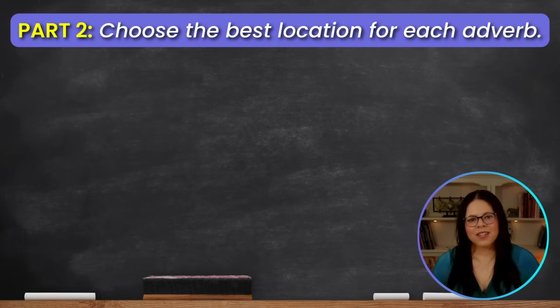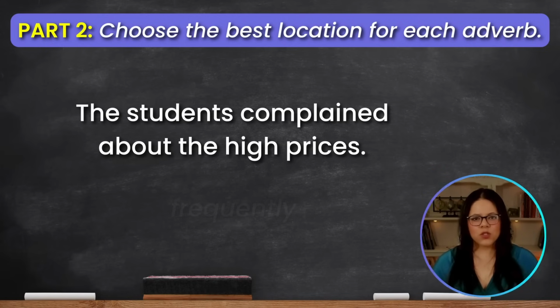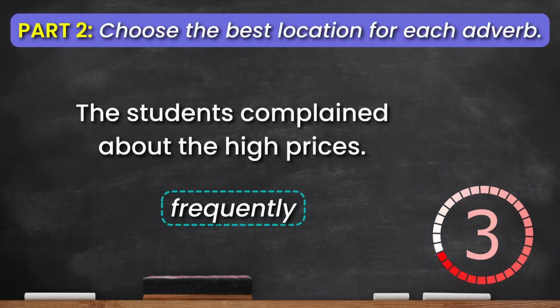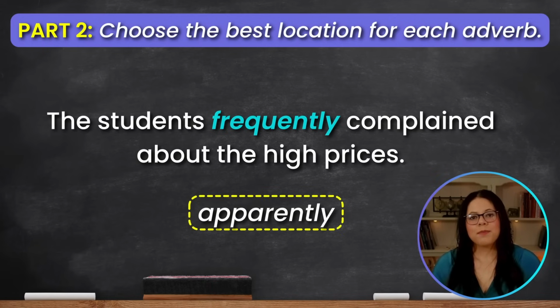Part 2. I will show you a sentence. Then your job is to choose the best location for each adverb. The students complained about the high prices. Choose the best location for frequently. Mid-position. The students frequently complained. What about apparently?